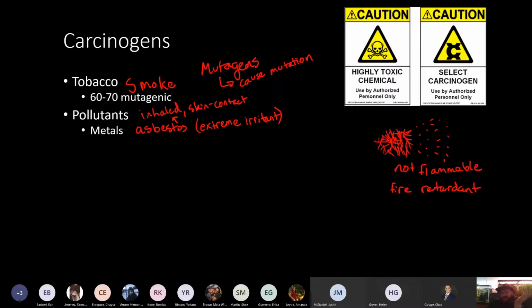So asbestos is a fantastic fire retardant. It is an amazing fire retardant. It's just also extremely cancerous, right? Well, I don't know, but it's extremely carcinogenic. That's the word I wanted.